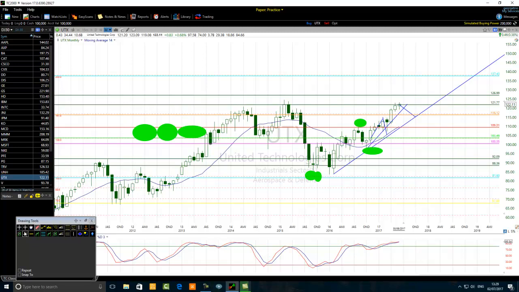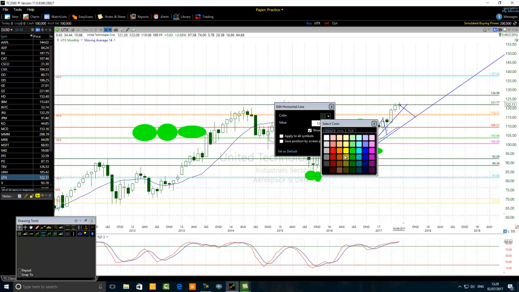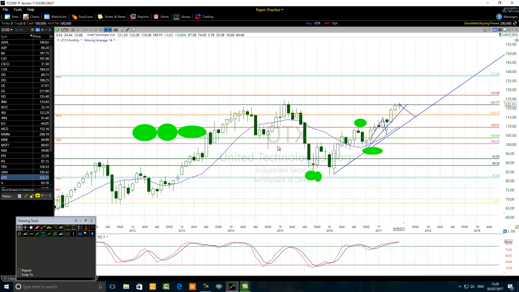So I will color it into red again. You see? All right, so the first time you see this one here, the reason why you see price came quite close to the median line between the 161.8% and the 200% level. Do you agree that it came quite close? Yes.